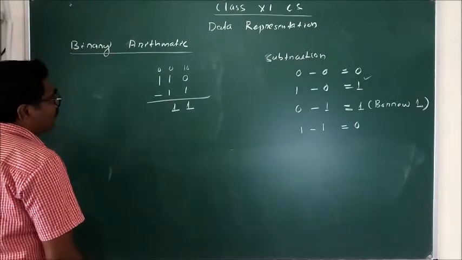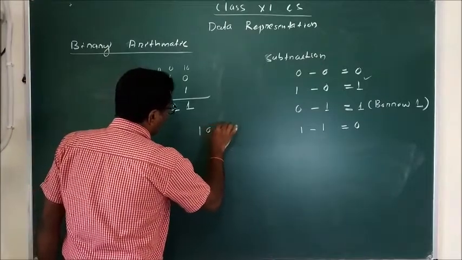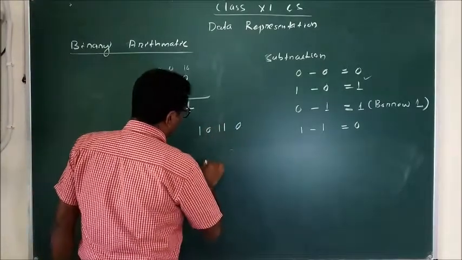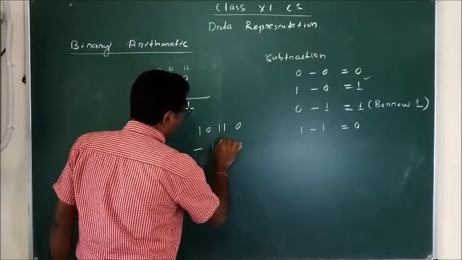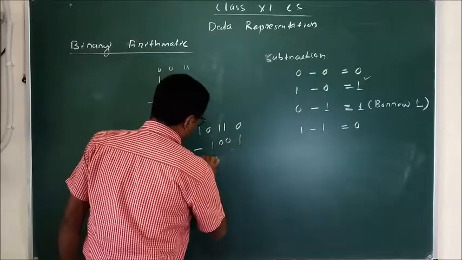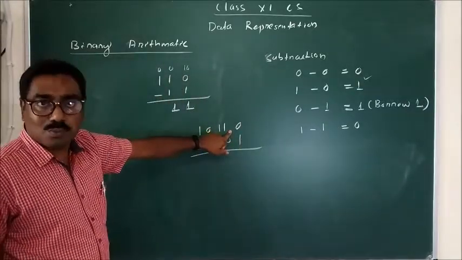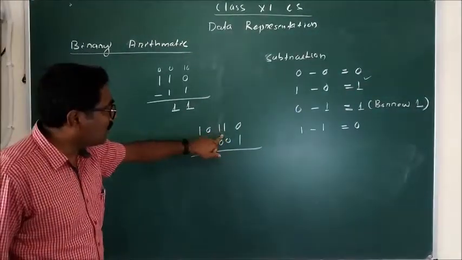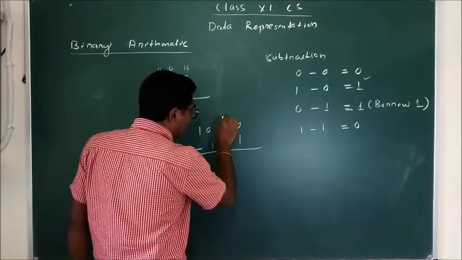Or suppose in example 2 I am doing 1 0 1 1 0 minus 1 0 0 1. Now what happened? 0 minus 1 is not possible, so we have to take 1 over here. When I am taking 1, this itself becomes 0.